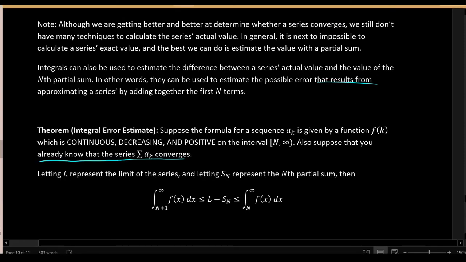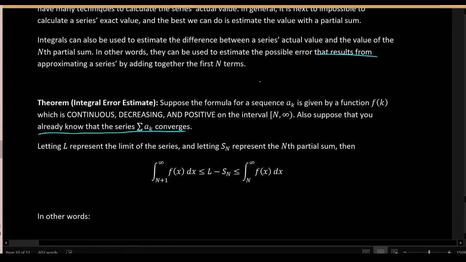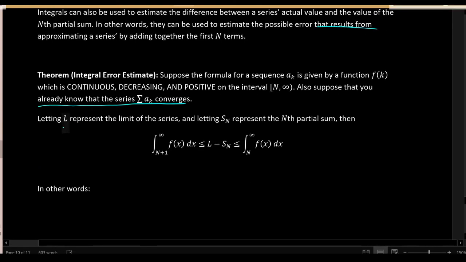Maybe you applied the integral test, maybe the geometric series test, maybe some other test, but you already have the information that the series does have a value. And now your quest is to try and get an idea of what that value, what that limit actually is.